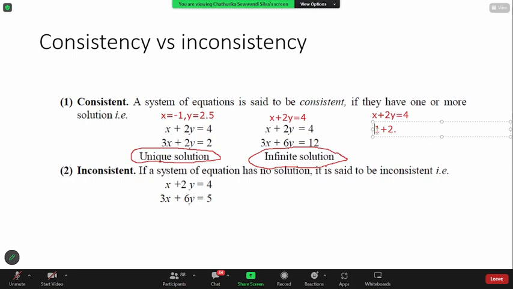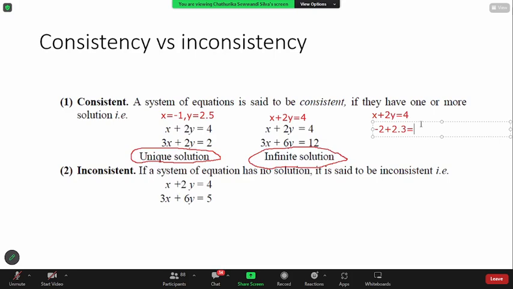In order to make it 4, let's put -1, or let's say -2. What is the answer here?